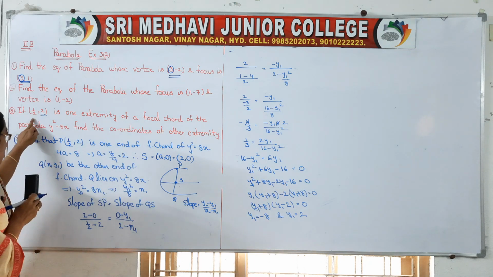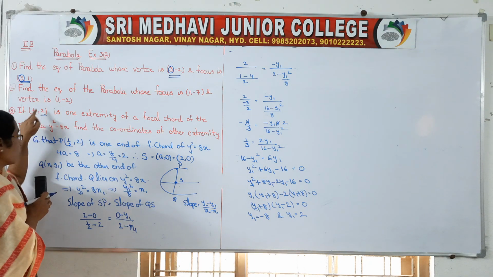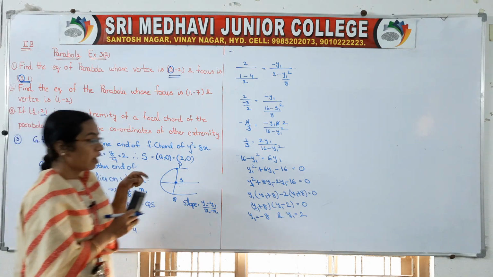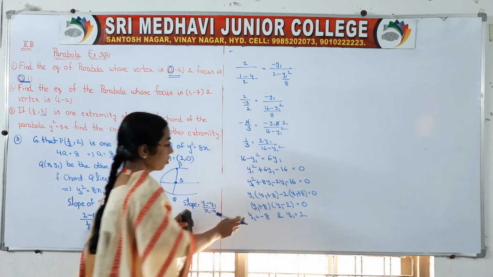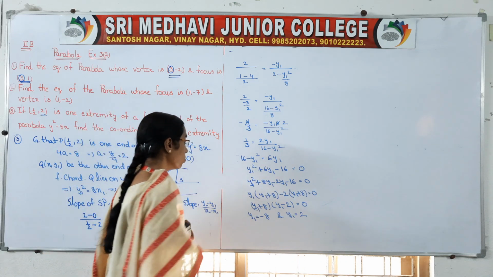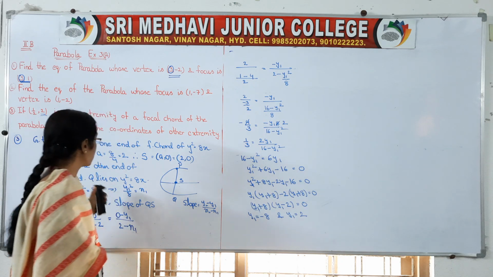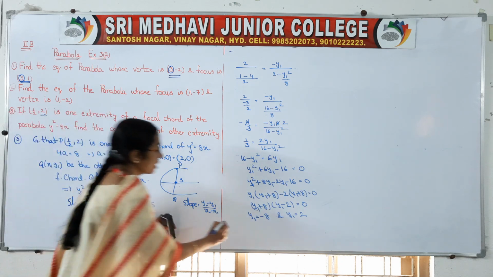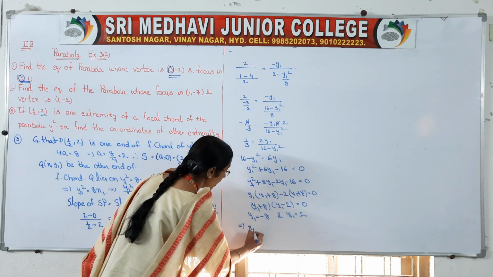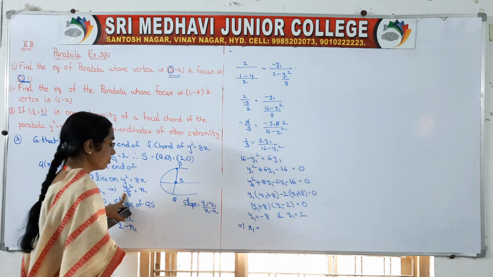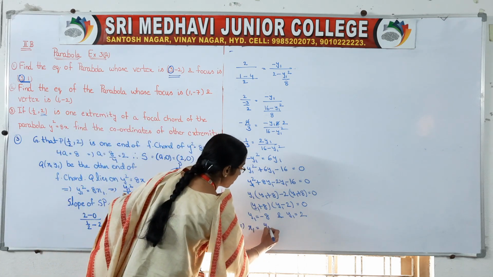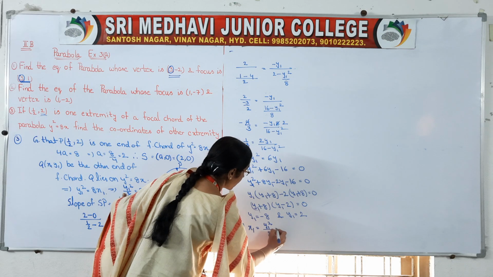One extremity, one end of the points, has y coordinate 2. So we have to find the other point. So we will take this one. We know what our x1 is. What is the x1 formula here from the problem? It is y1 square by 8.